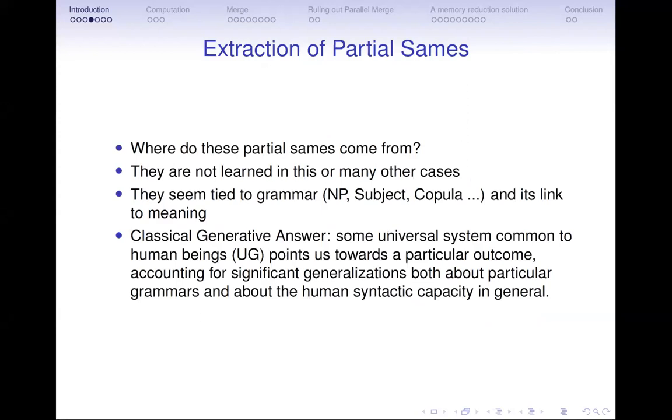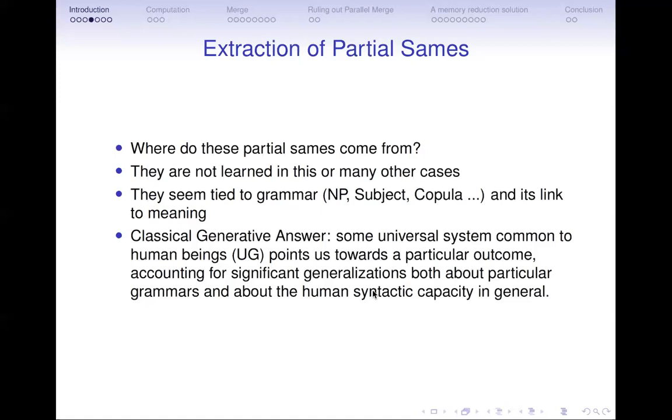So the similarities, putting aside bilinguals, I don't know if there are any Scottish Gaelic, Malayalam bilinguals, but putting aside those, there's no way that these similarities could emerge from learning. The similarities seem to be tied to grammar, and grammar's link to meaning.